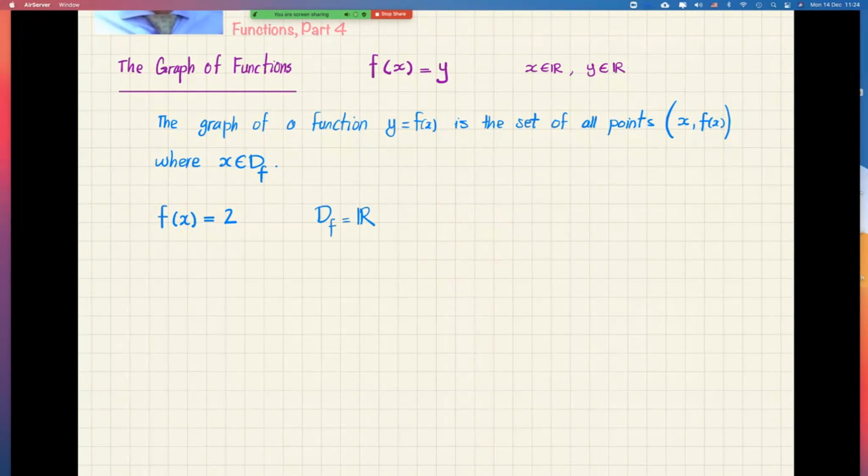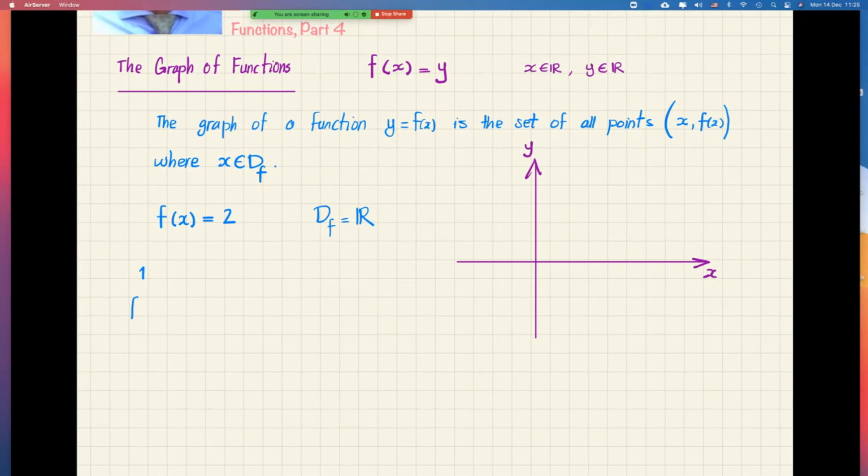In principle, I need to draw a diagram here, so let me set up a coordinate system. This is the x coordinate and this is the y coordinate. For example, one of the numbers that I can choose from my domain, of course, is 1. I choose 1 from my domain and put it into my function.